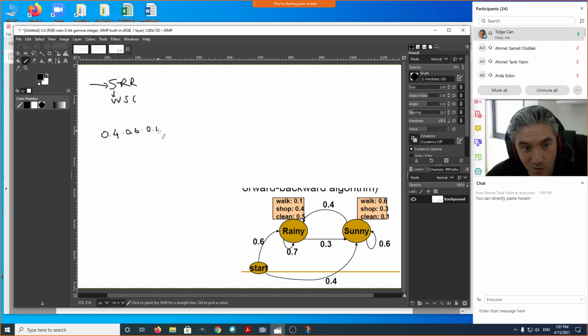Another 0.4. Okay, and in that rainy day, I shopped, which is another 0.4. The emission probability of shopping in a rainy day is 0.4. Then from rainy day, transitioning to another rainy day is 0.7. And in the final rainy day, I cleaned 0.5.